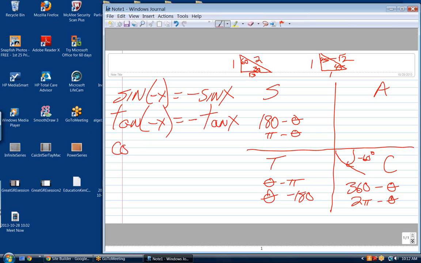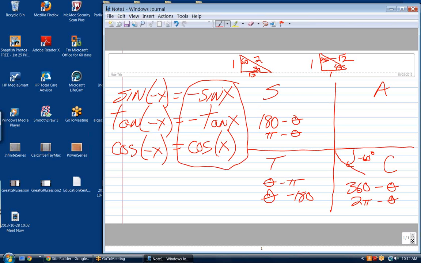But the one that's not the same is cosine. If you're asked what's the cosine of minus 30 degrees, it's the same as the cosine of plus 30 degrees. If you're asked what the sine of minus 30 degrees is, it's minus the sine of 30 degrees. So you can basically take all these negative angle questions and turn them into positive angle questions.